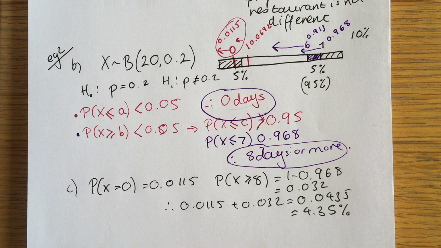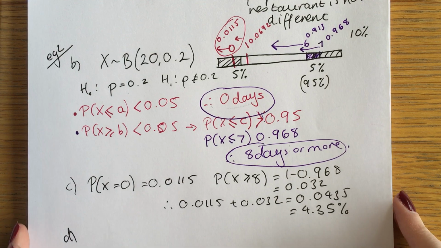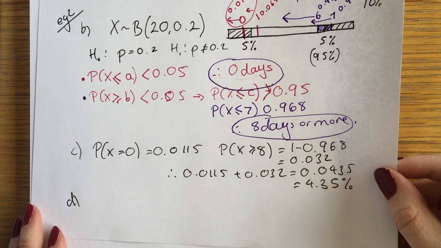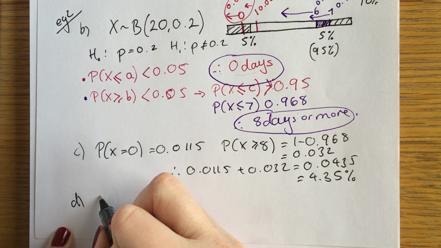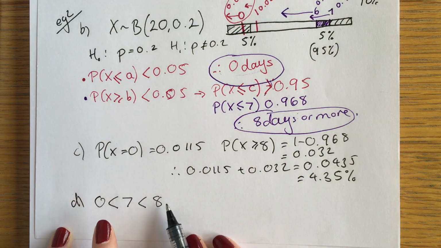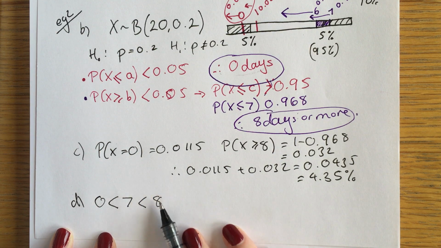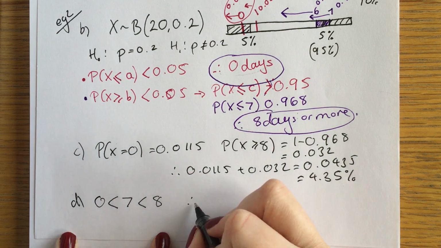It says Johan discovers he is late for school in 7 out of the 20 days. Comment on whether Johan should accept or reject his claim. Well, 7 is between our critical regions. So it's not inside either critical region.